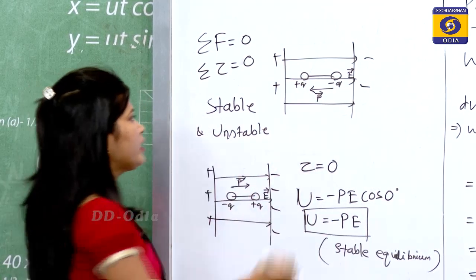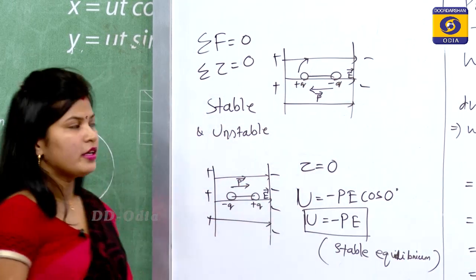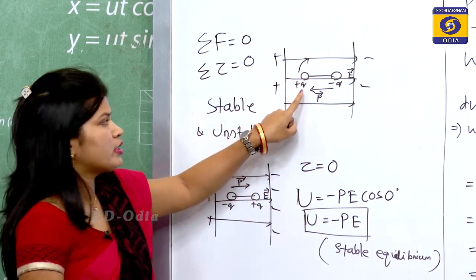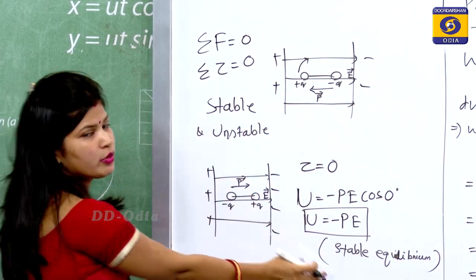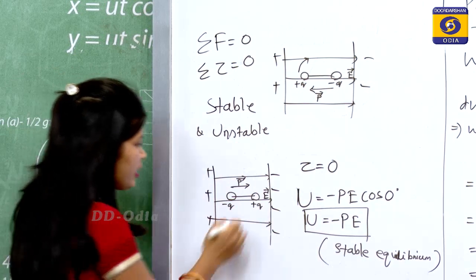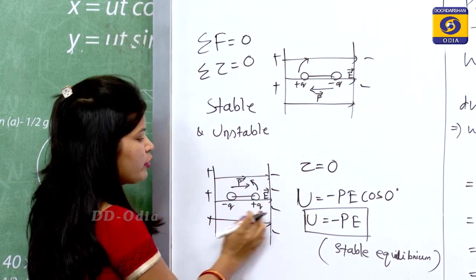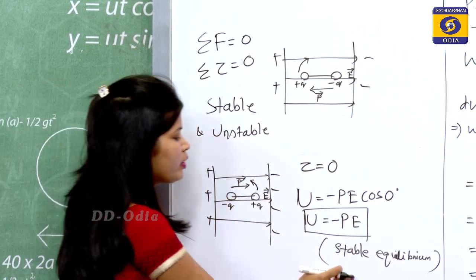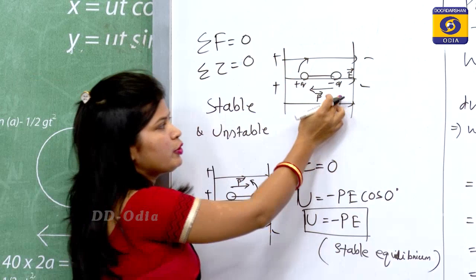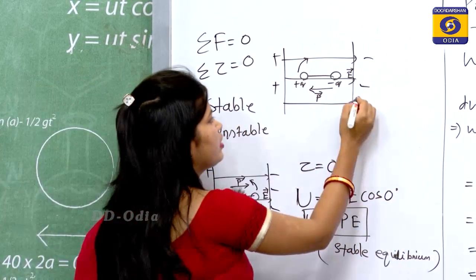If I disturb it a little, it will not come back to its original position. It will totally rotate and acquire stable equilibrium. Since it is not returning to its original position, that is why it is called unstable equilibrium.